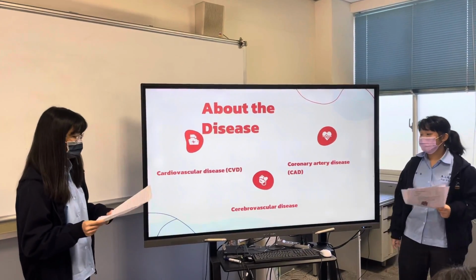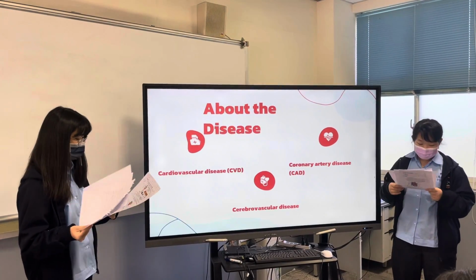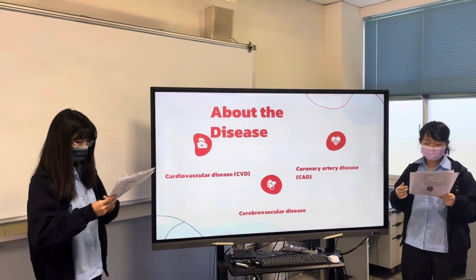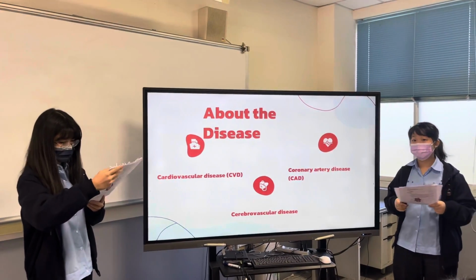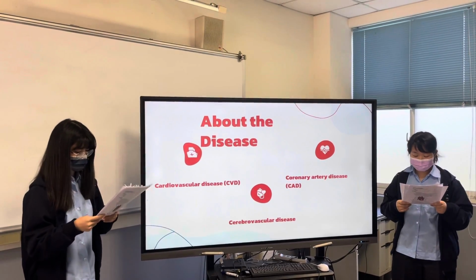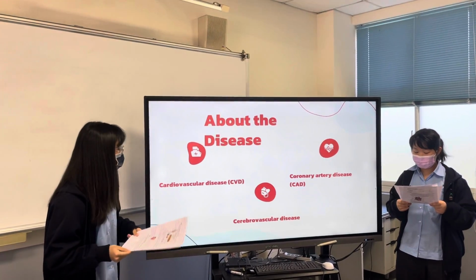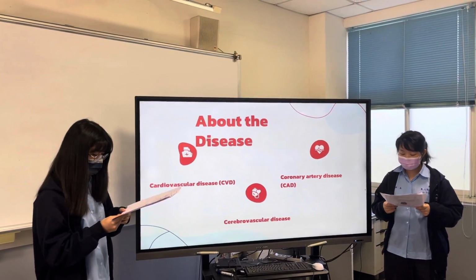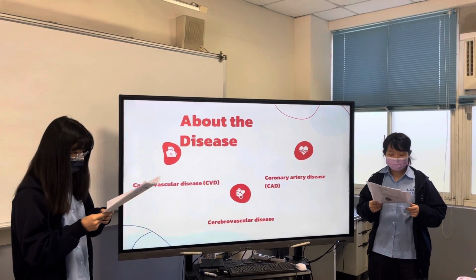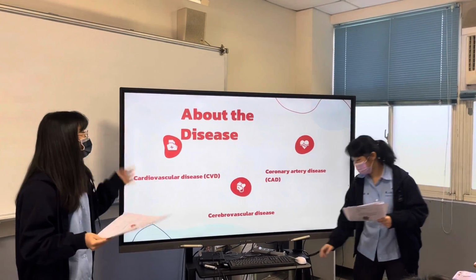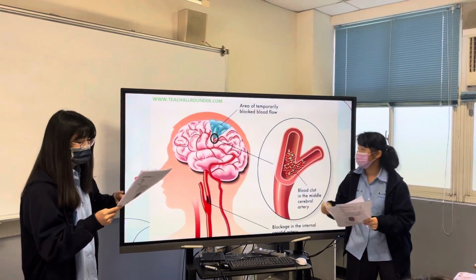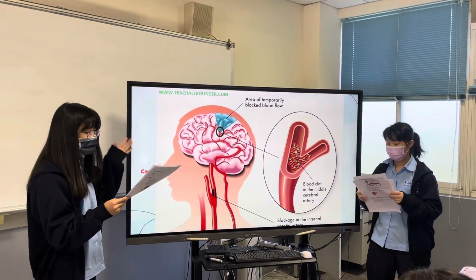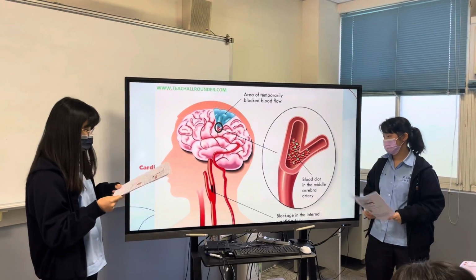The next disease we are going to talk about is cerebrovascular disease. Cerebrovascular disease includes a variety of medical conditions that affect the blood vessels of the brain and the cerebral circulation. Arteries supplying oxygen and nutrients to the brain are often damaged or deformed in these disorders. For example, blockage, malformation, or hemorrhage prevents the brain cells from getting enough oxygen.